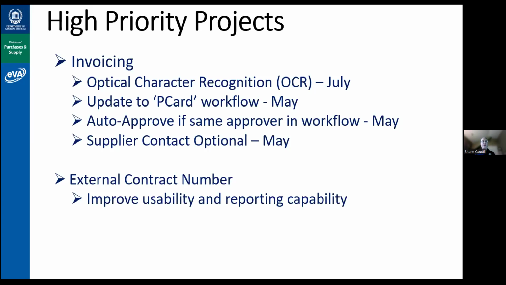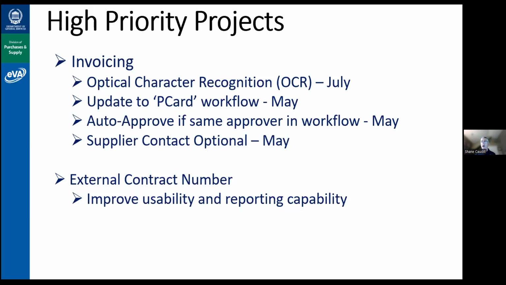Another high priority project that we're putting a focus on is our external contract number field. Now, again, for those of you that are in executive branch agencies, there's been a huge focus on getting contracts entered into eVA, entering catalogs or basically contract price list line items so that your end users can shop from those and that we know what goods and services are being purchased off of a contract.